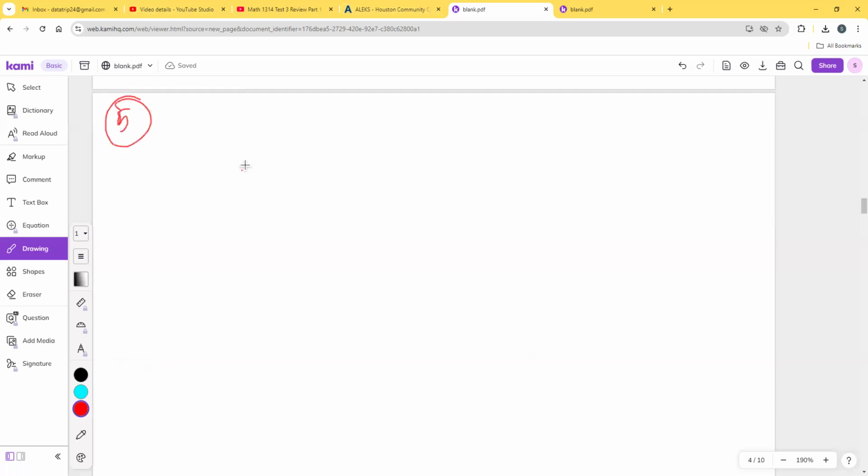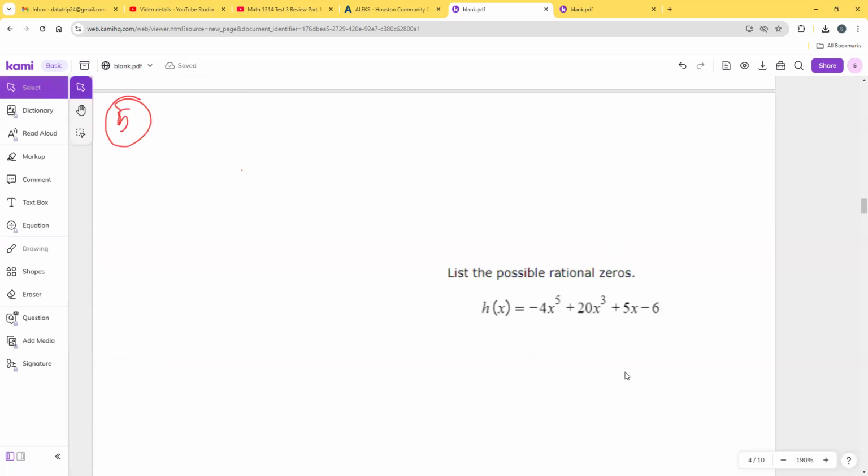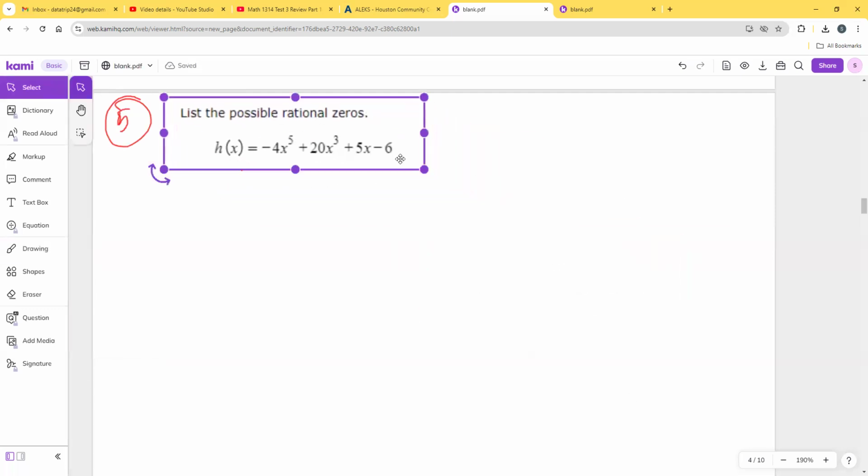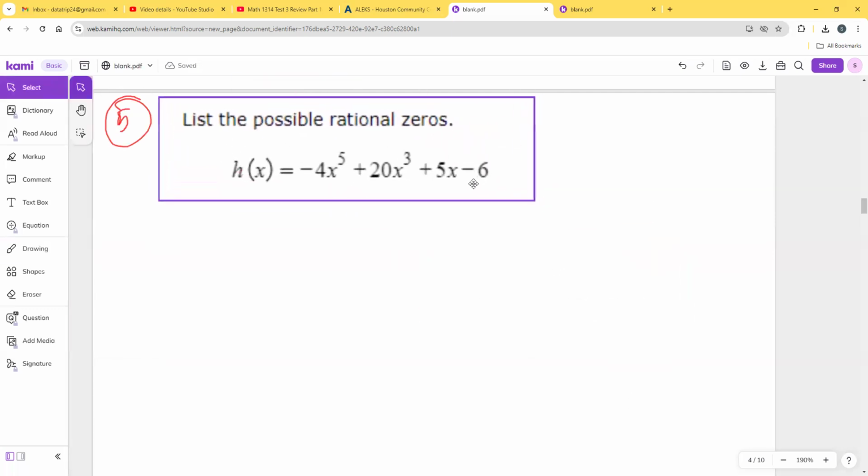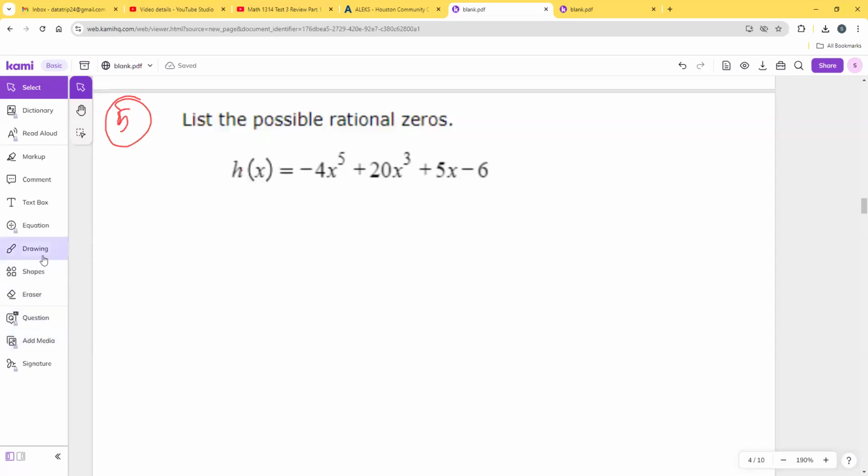And then the question says, list the possible rational zeros. So we have a function given, and we want to list the possible rational zeros. Since we just did this in college algebra, let's try to remember how we give the possibilities for the rational zeros.